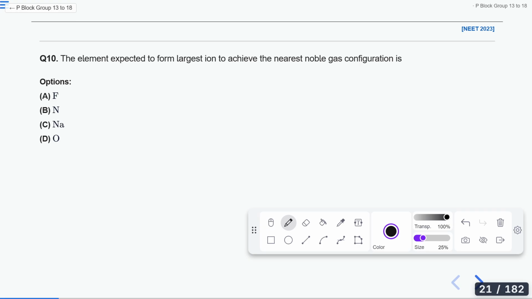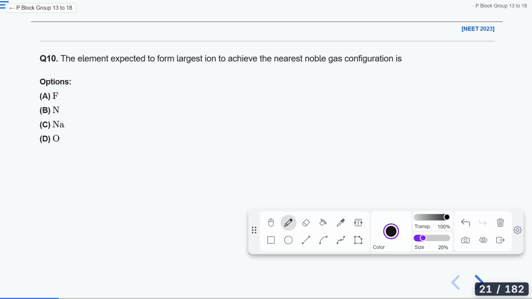Try this question. You have to see that after attaining the noble gas configuration, which will have the largest size. How will you solve it? Step by step, move on to it.